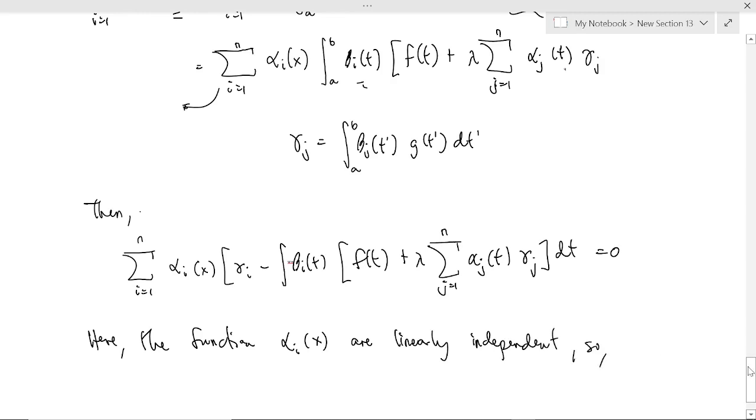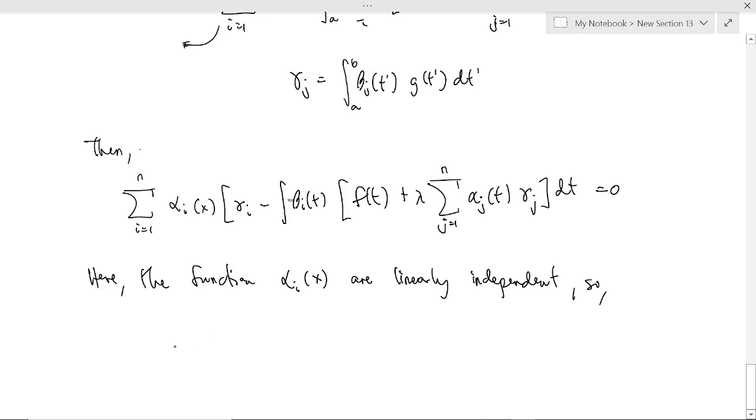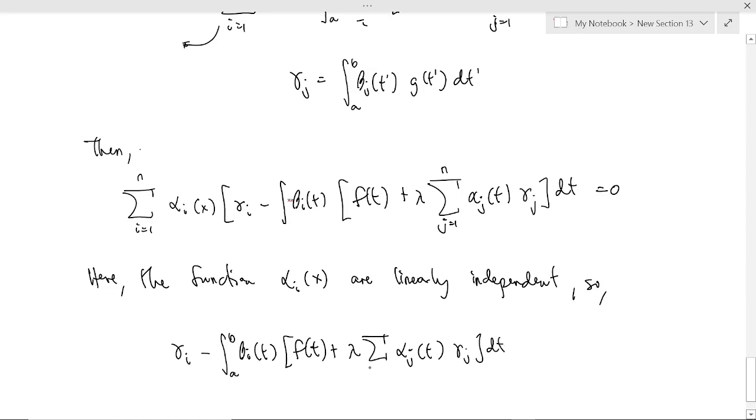So we have gamma_i minus the integral of b_i(t) f(t), evaluated from a to b, plus lambda times, we just have to copy this one, alpha_j(t) gamma_j dt. Again, this is from j equal to 1 to n, and again this is equal to 0.